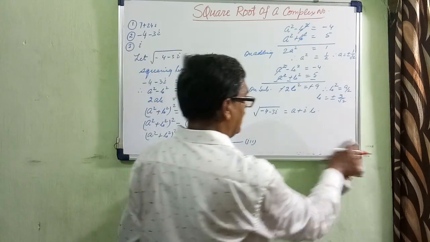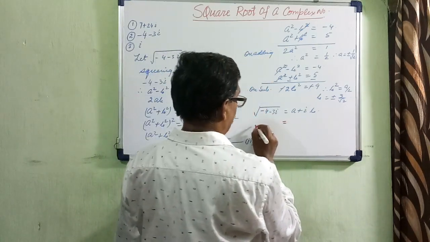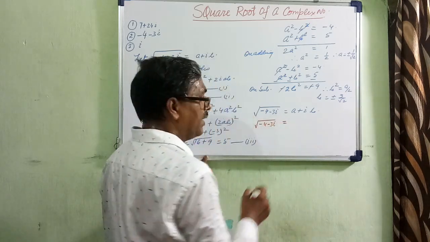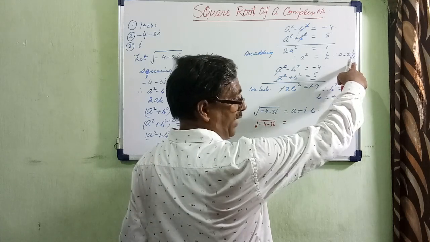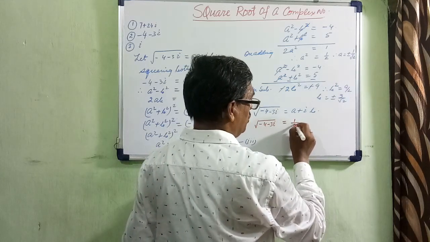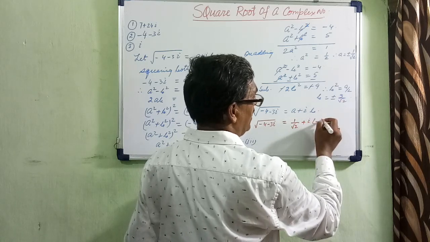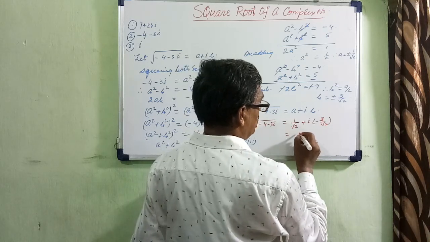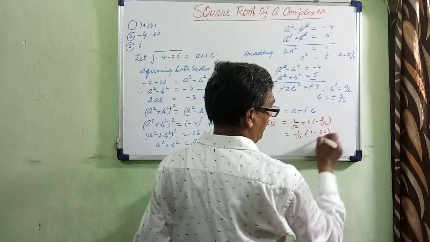Therefore, when you write down the answer, the root over minus 4 minus 3i: a you write first as positive, a is equal to 1 by root 2. But b will be equal to minus 3 by root 2. So this will be equal to 1 by root 2 common, 1 minus 3i.